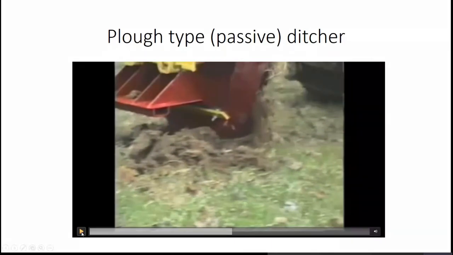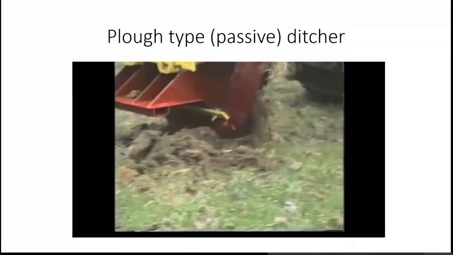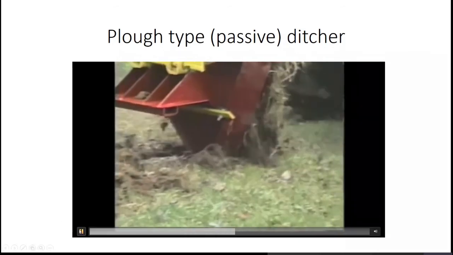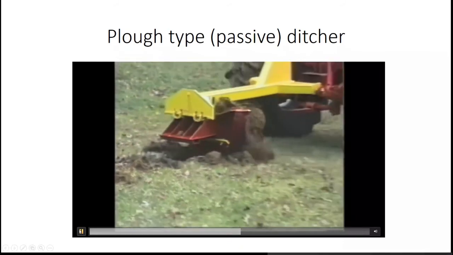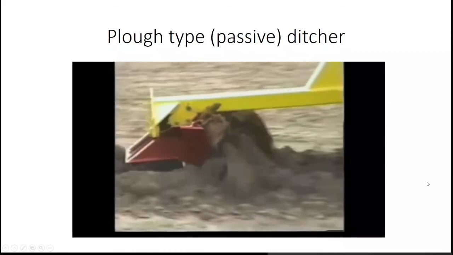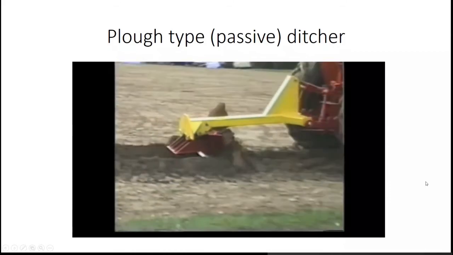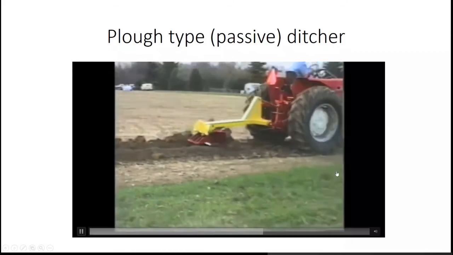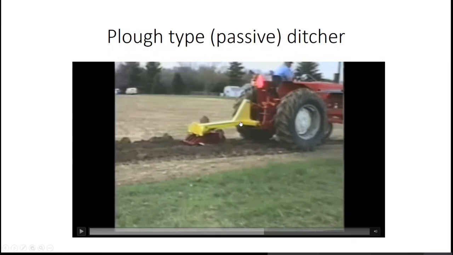You see, in this case, there are no moving parts. The tractor has to simply pull the chair. So all the power is required only in pulling the plow. Top link to bottom link.